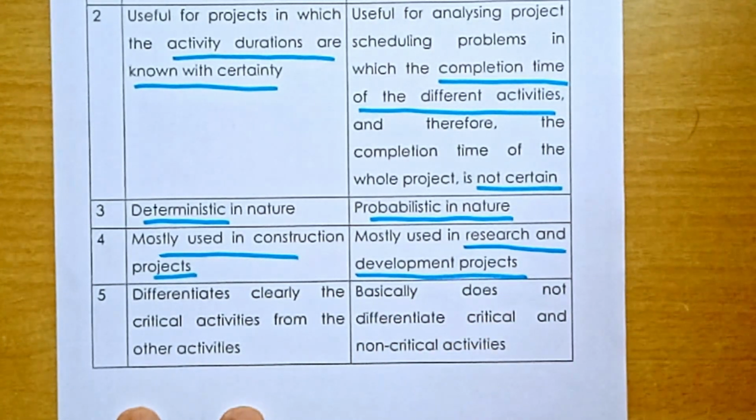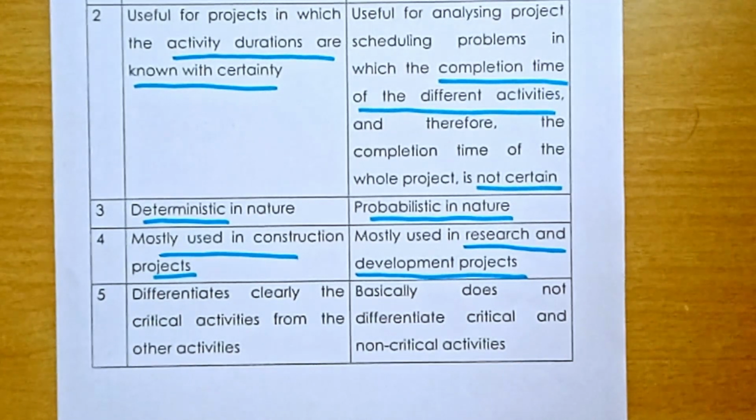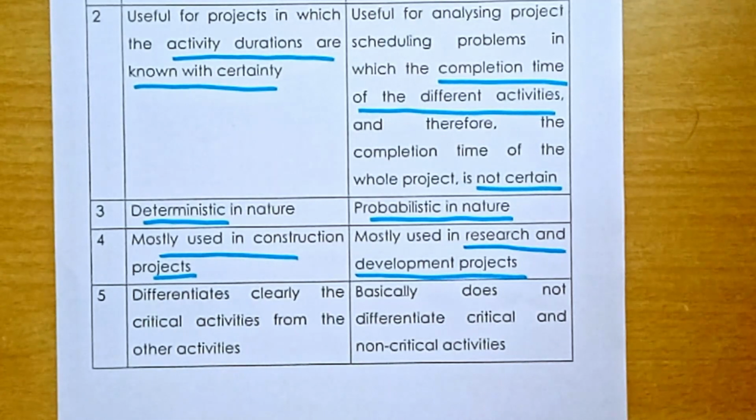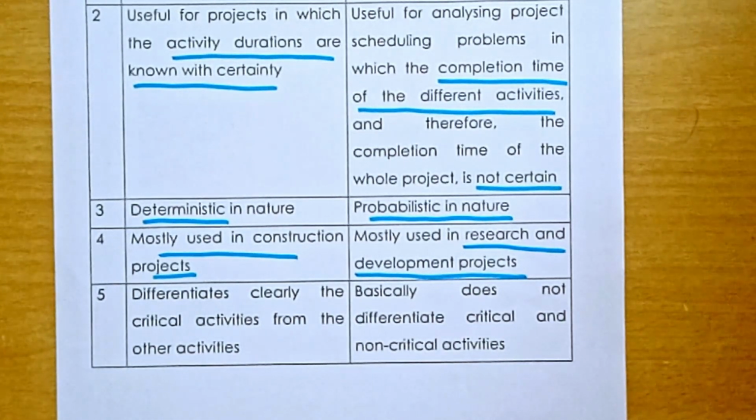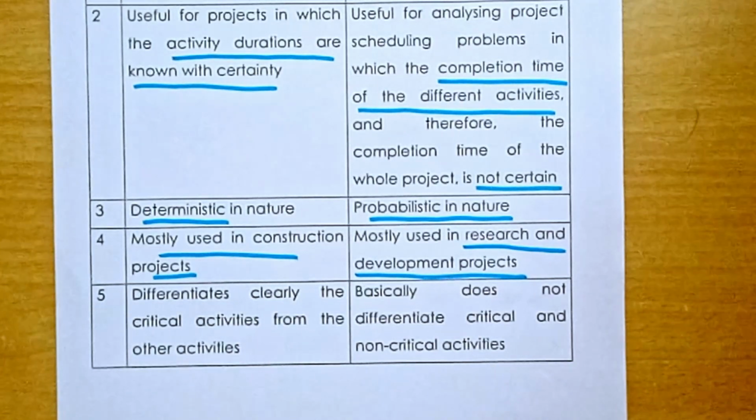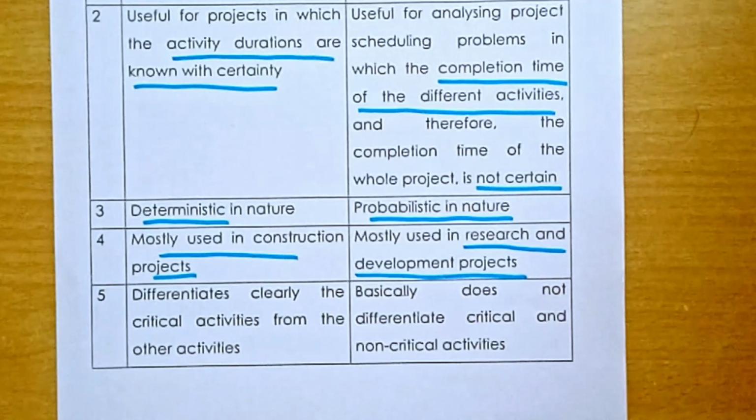In research and development projects, scientists are assigned the job of finding some new formula, discovering some new design, or coming out with some new design for a car, design for any product, or formula for any new medicine or new chemical.